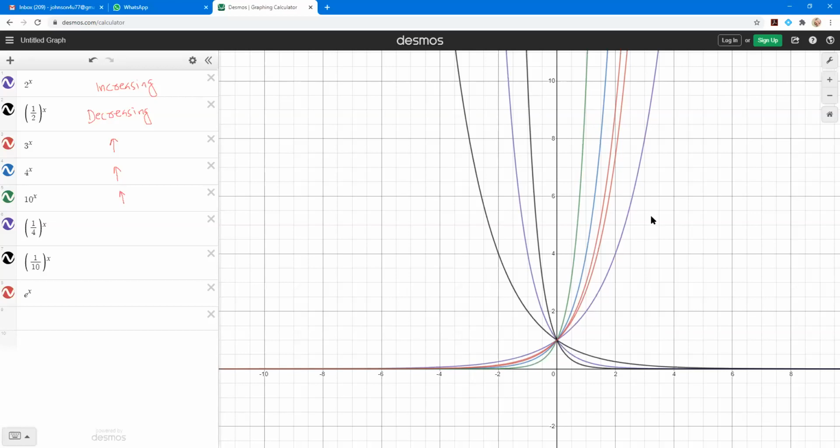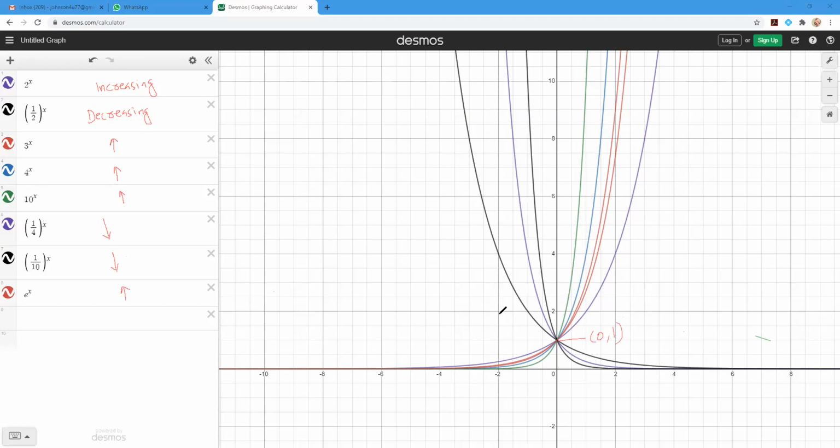And you can see some specialities for this function. Every function is going through the point 0, 1, because any number to the power 0 is 1. So when you put 0, the value will be 1.